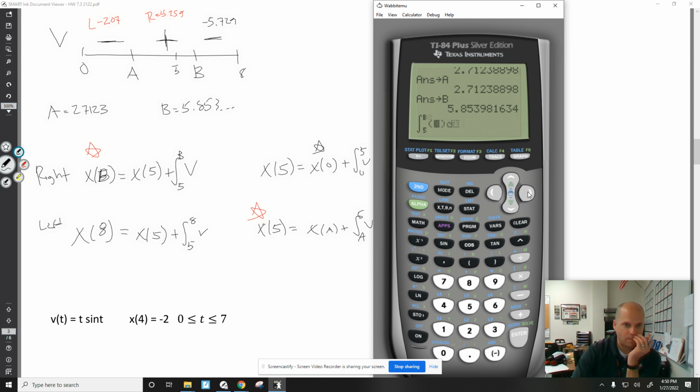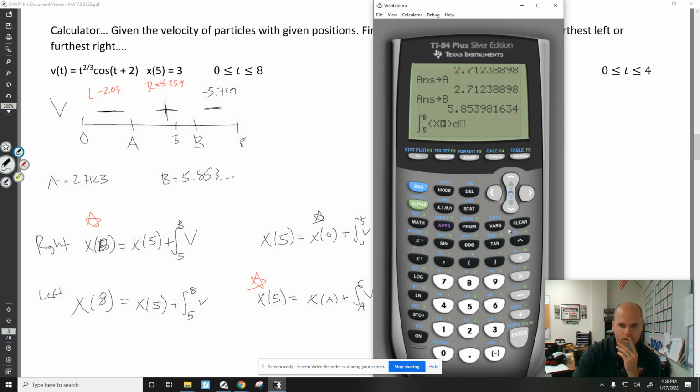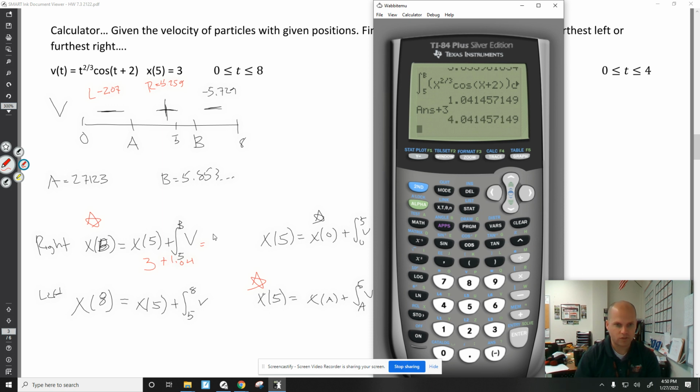So let's go 5 to B. T to the 2/3 cos t plus 2 dt. Okay, that is my displacement from 5 to B. I know my position at time 5 is 3. So I get 4.04. I think that's going to be my max position.